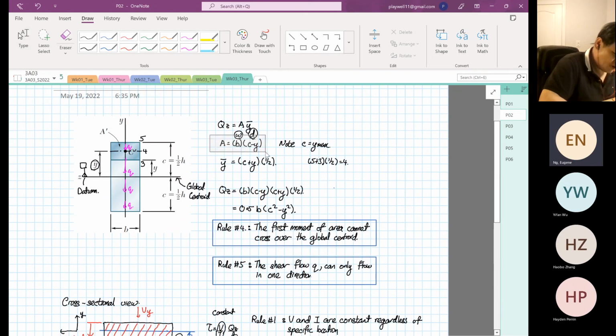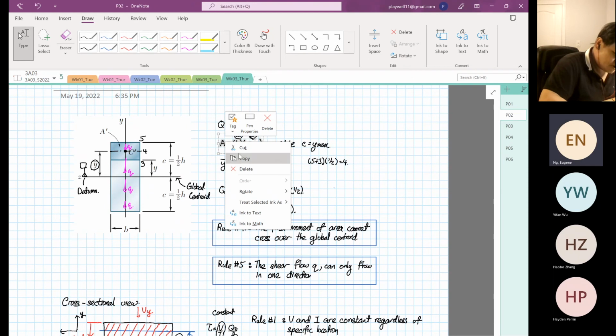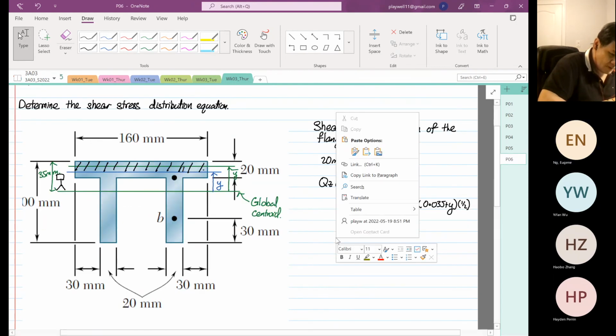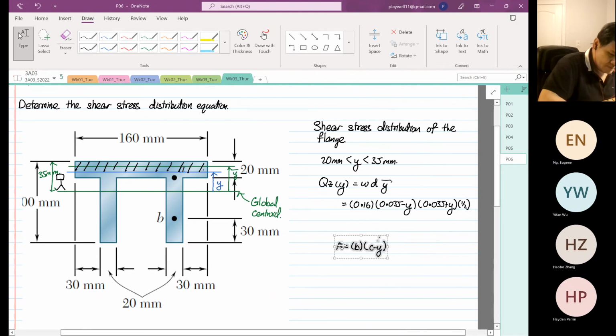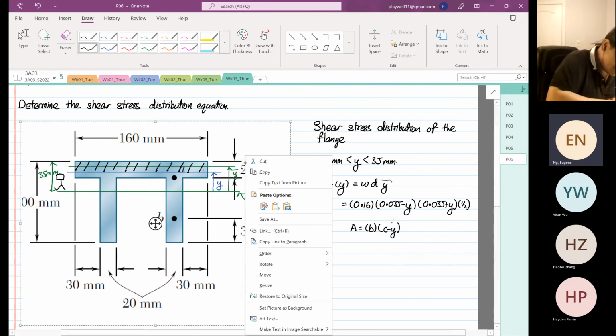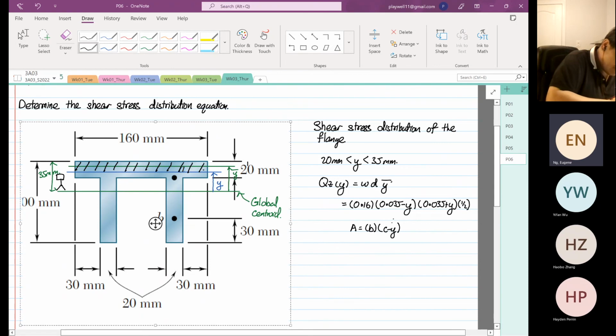I'm going to copy this equation and bring it down here. The area is the width, and C is the maximum distance, which is equal to 0.035.